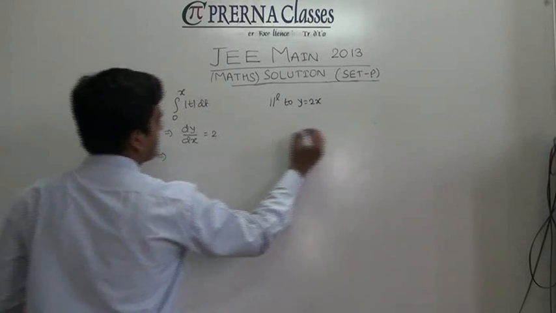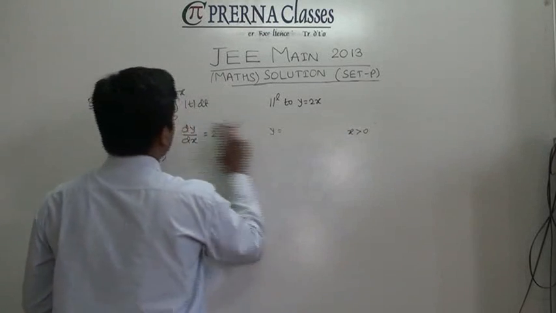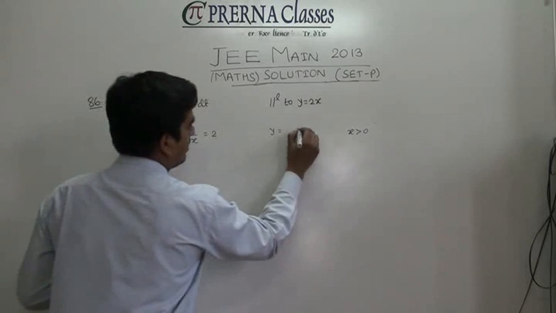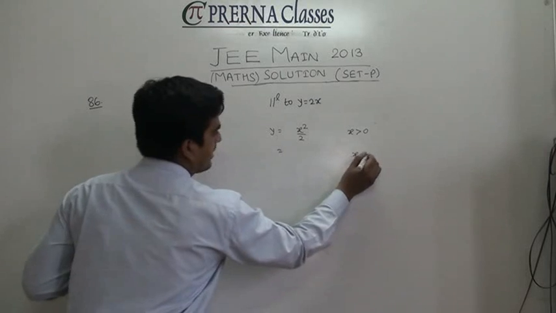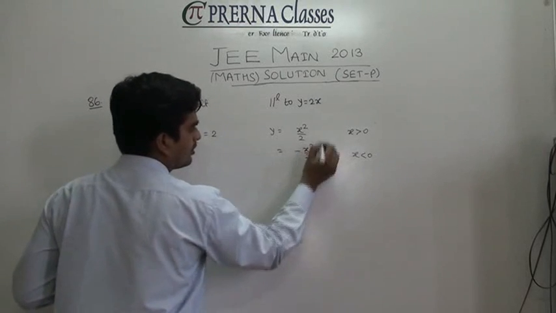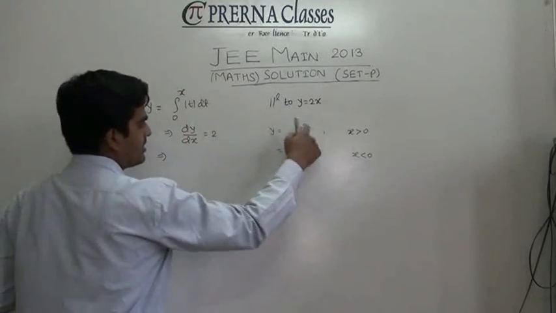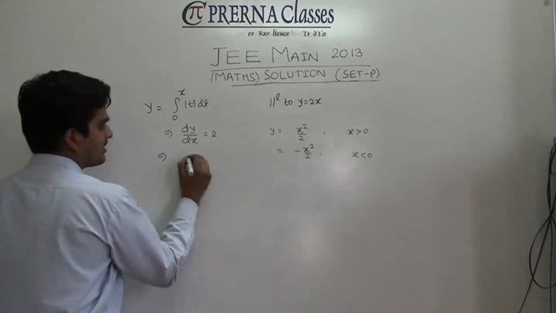for positive x, y is going to be the integral from 0 to x of t dt only, and if you simplify the whole matter, you'll end up getting this. But if I take x negative, you can clearly check it's going to be negative of x square by 2. This is how that function is defined. And for this case, the derivative in the two cases, you can check, is x or minus x.